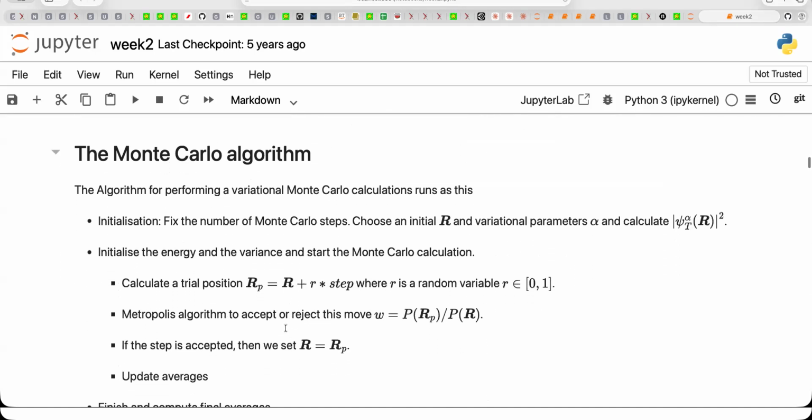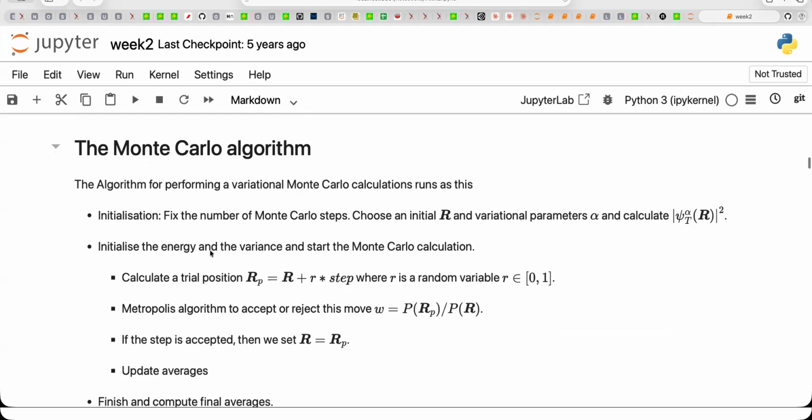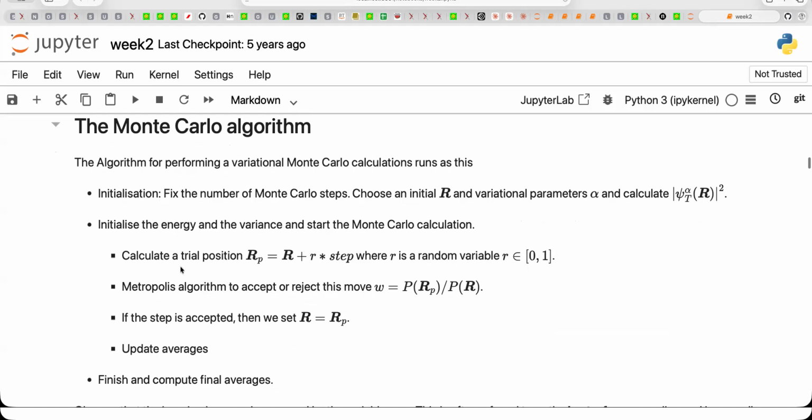So basically the algorithm, which we went through last time, was simply to fix the number of Monte Carlo steps. That's a parameter you fix. So this is the Monte Carlo algorithm. Then you choose an initial position, and then you have a loop over variational parameters. You initialize the energy, then you calculate a trial position.